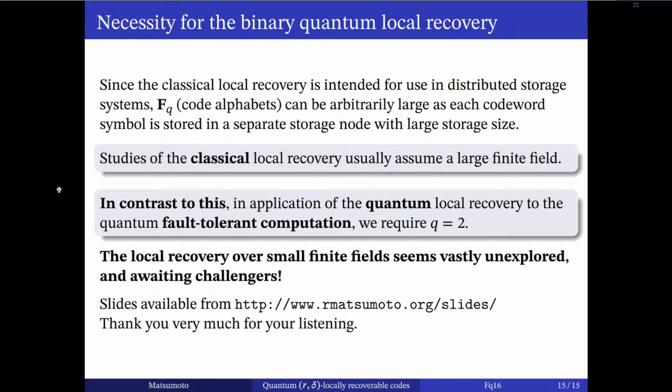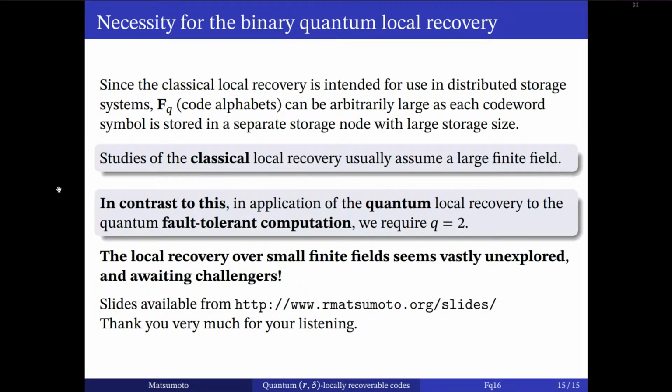On the other hand, since classical local recovery is intended for use in distributed storage systems, the code alphabet Fq can be arbitrarily large, as each codeword symbol is stored in a separate storage node. So we can assume any size of Fq. Studies of classical local recovery usually, but not always, assume a large finite field.